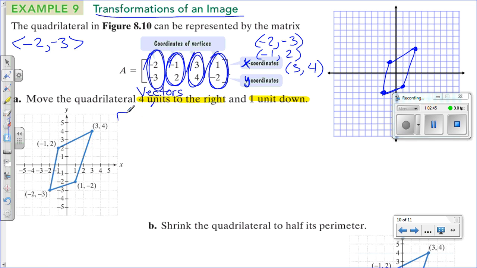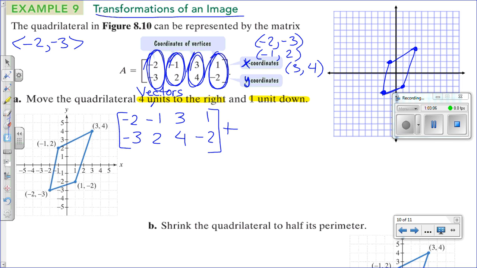So we're going to use the same matrix that contains the coordinates: -2, -3, -1, 2, 3, 4, 1, -2.